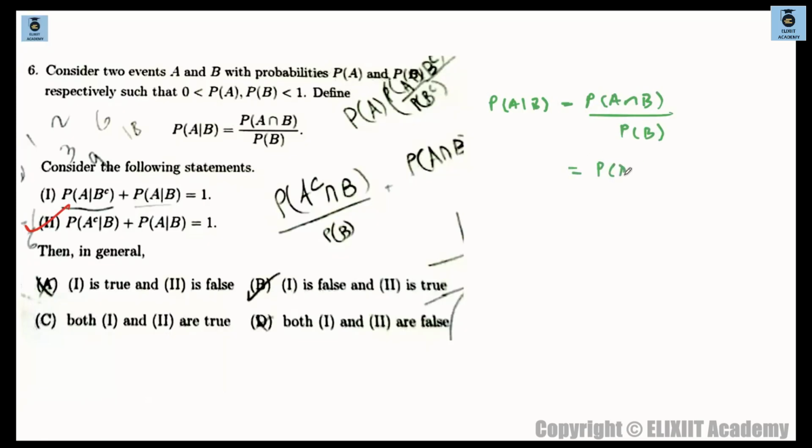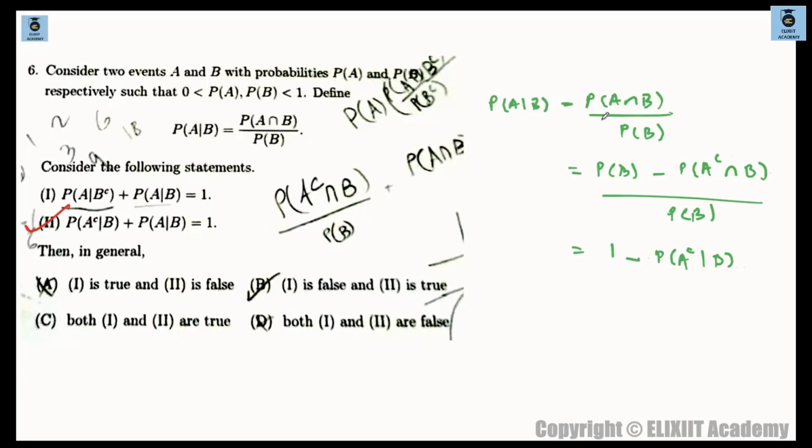We can write this as P of B minus P of A complement intersection B, from the Venn diagrams, divided by P of B. Once you divide, this becomes 1 minus P of A complement intersection B divided by P of B, which is the same as P of A complement given that B occurs. So definitely P of A given that B occurs is 1 minus P of A complement given that B occurs. So the second statement is definitely true.